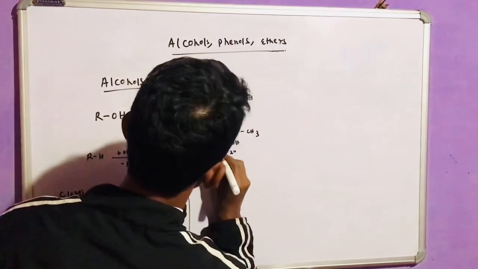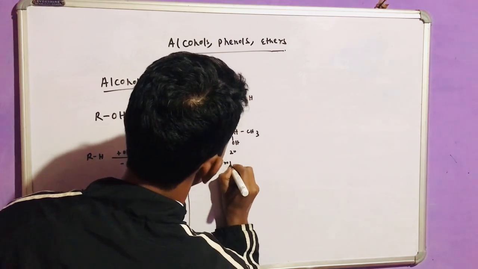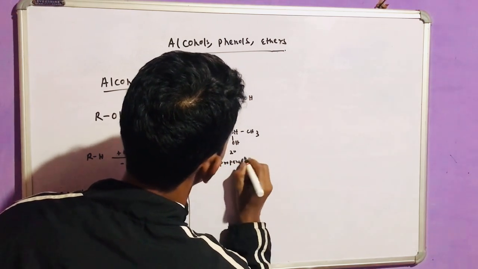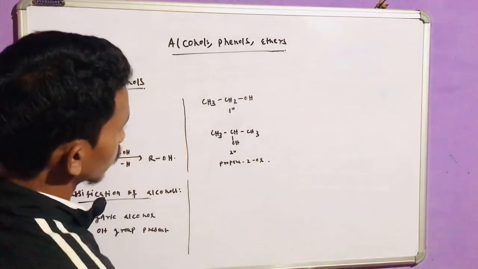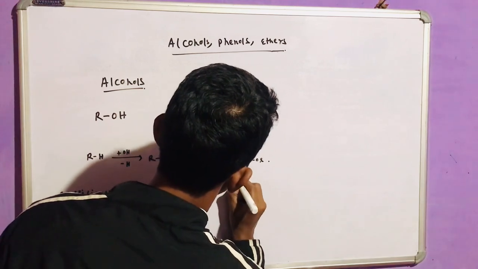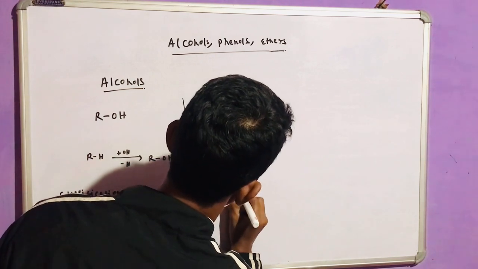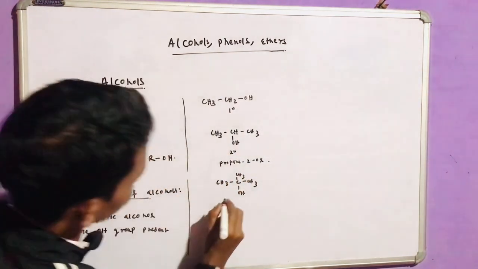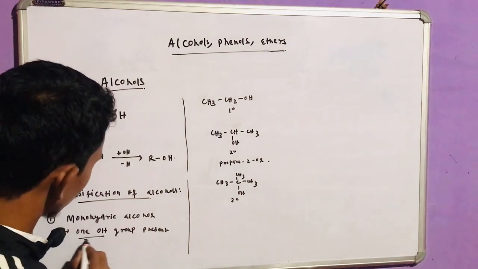So we can write this as methane, ethane, propane. So propan-2-ol. And if it is 3 degree, then this is a 3 degree alcohol, but everywhere one OH group is present.